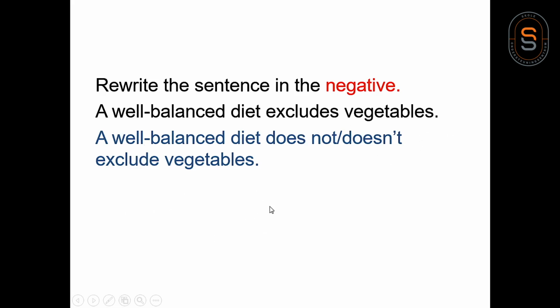Mary was running the race. Mary was not running the race. Right, so with the negative, you add an is not, was not, or does not. Right. I hope this cleared everything up concerning your summary.